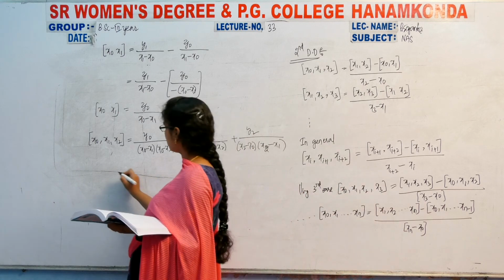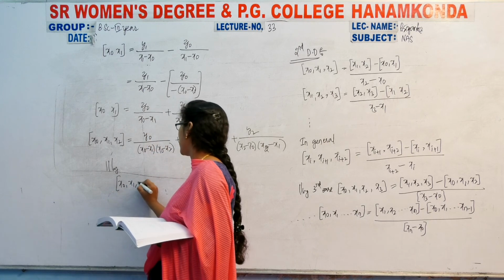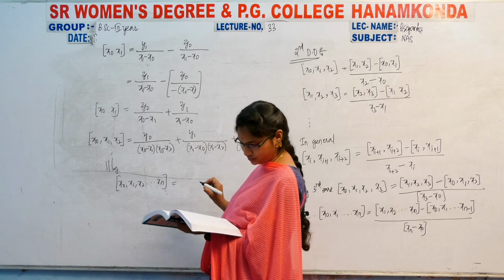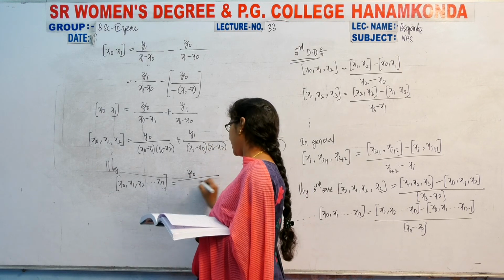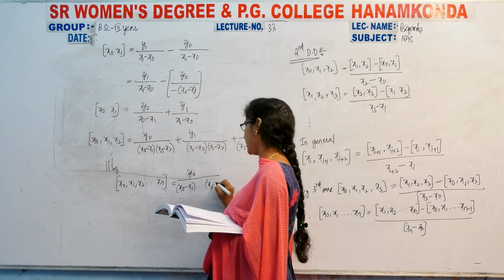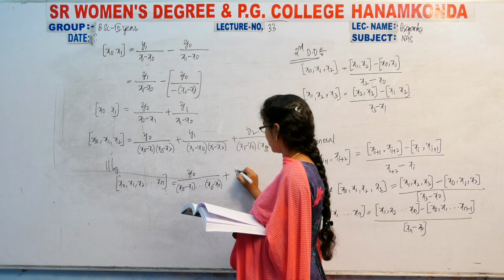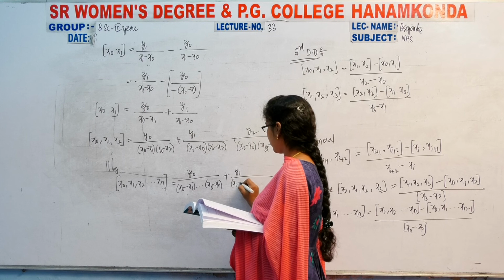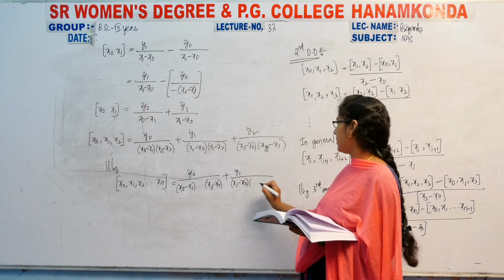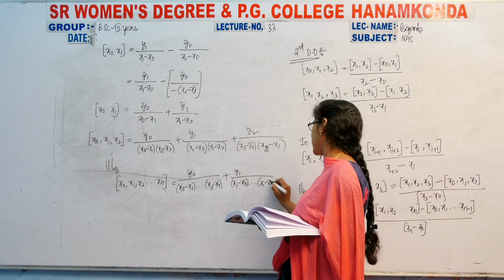And generally, similarly, x0, x1, x2 and so on xn is equal to y0 by x0 minus x1 and so on, y1 by x1 minus x0, x1 minus x2 and so on, x1 minus xn.